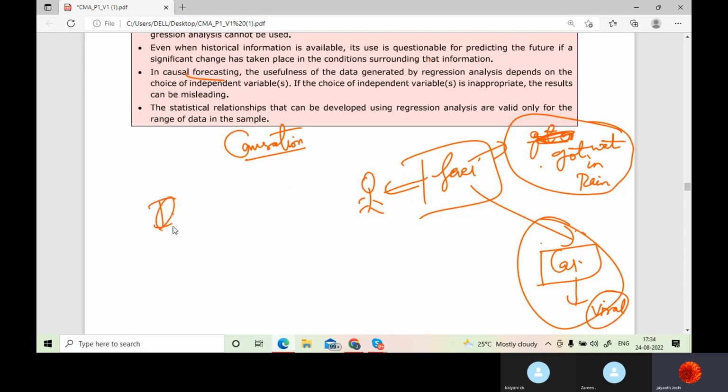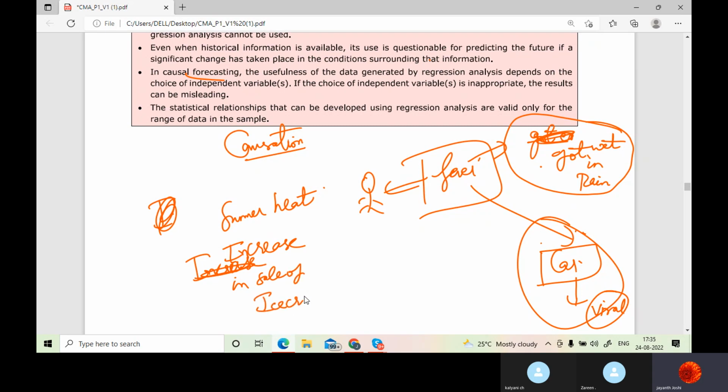Like ice cream. Let's say, summer heat. Increase in sale of ice creams. And people getting sunstrokes after eating ice cream.